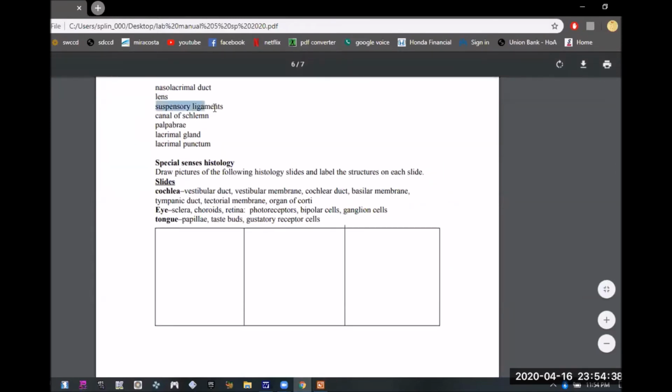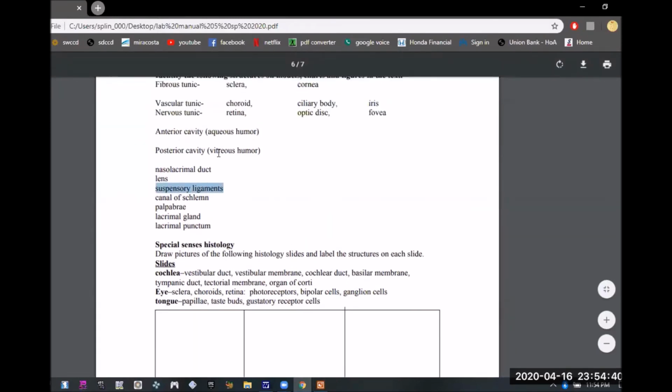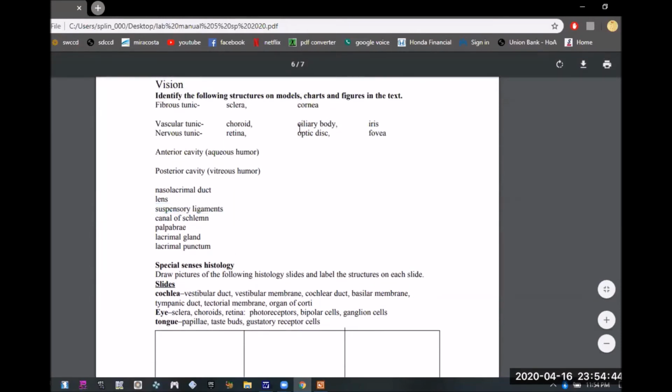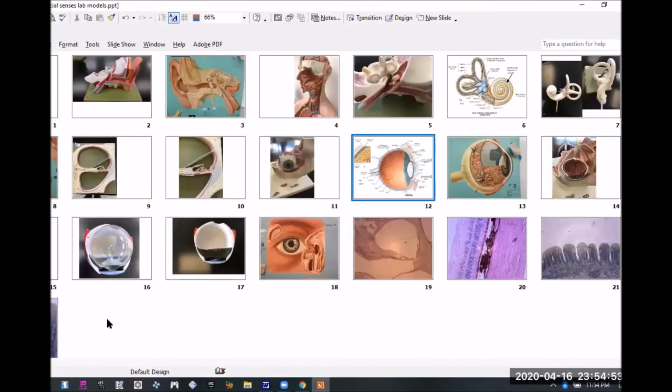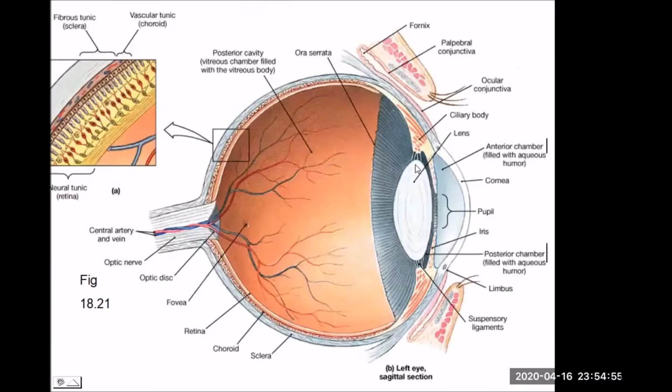So again, these suspensory ligaments we pointed to earlier are the connections between the ciliary body and the lens. So let's see that once more, suspensory ligaments. First from this labeled image, we can see it labeled down here.